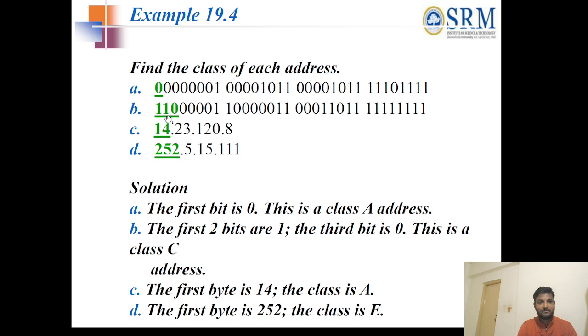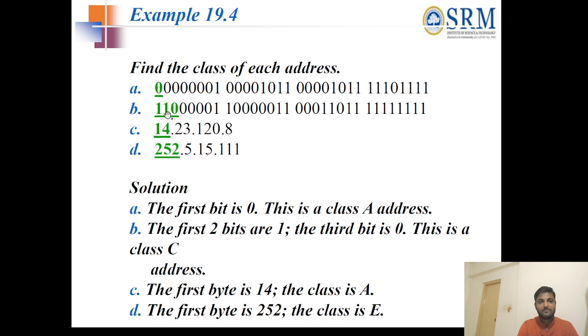If the second bit is 0, it is class B, but if it is 1, we need to check the third bit from the left. If it is 0, that means it is class C. If it is 1, although in the question it is not, we have to check the fourth one. Okay, so this way we can determine.